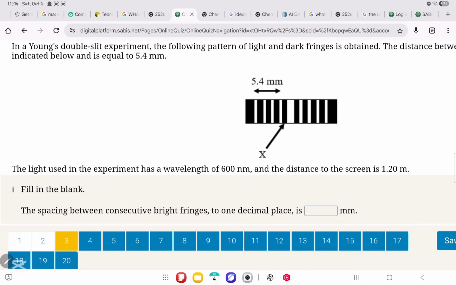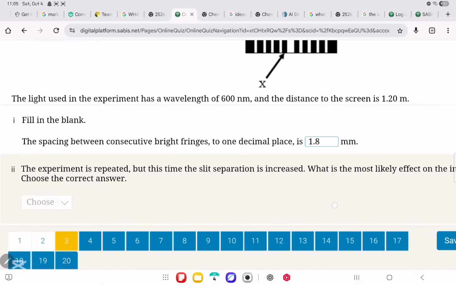They want the spacing from this bright fringe to this bright fringe. Very simply, you take the value of the length, which is 5.4, and you divide it by the number of dark interference, so destructive interference. All of the dark lines you will count. We have 1, 2, 3 in this range. So it's going to be 5.4 divided by 3, which is 1.8 millimeters.